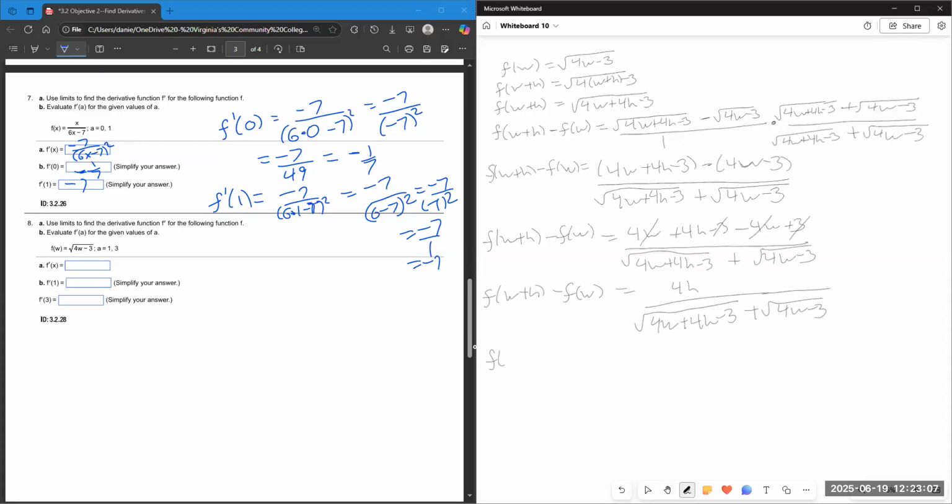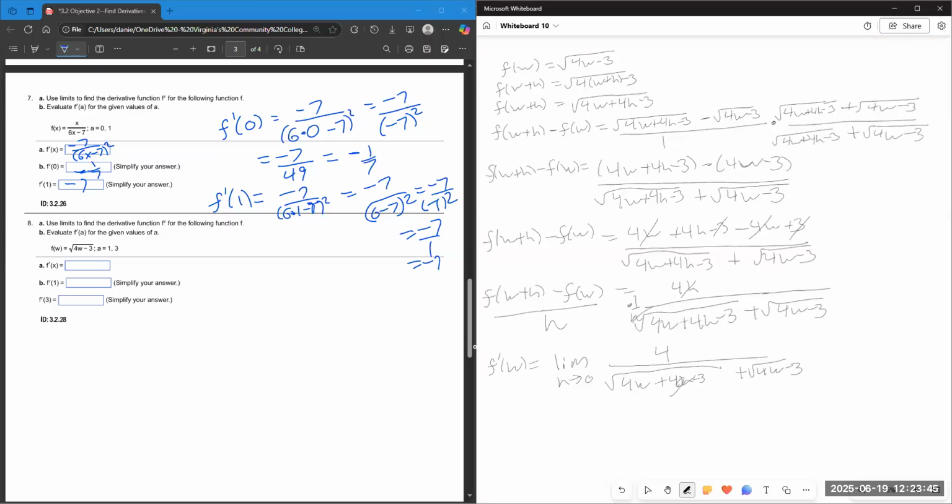f prime of w is now equal to the limit as h goes to 0 of dividing this by h, multiplying by 1 over h. It's going to be 4 over, those h's cancel, root 4w plus 4h minus 3 plus root 4w minus 3.